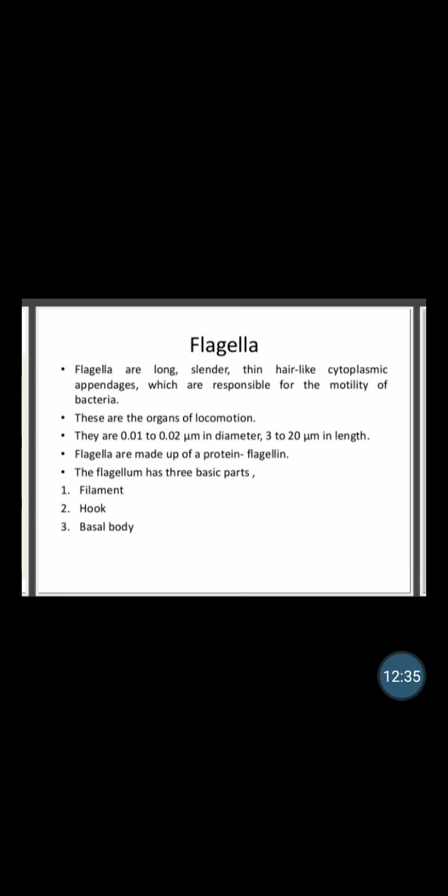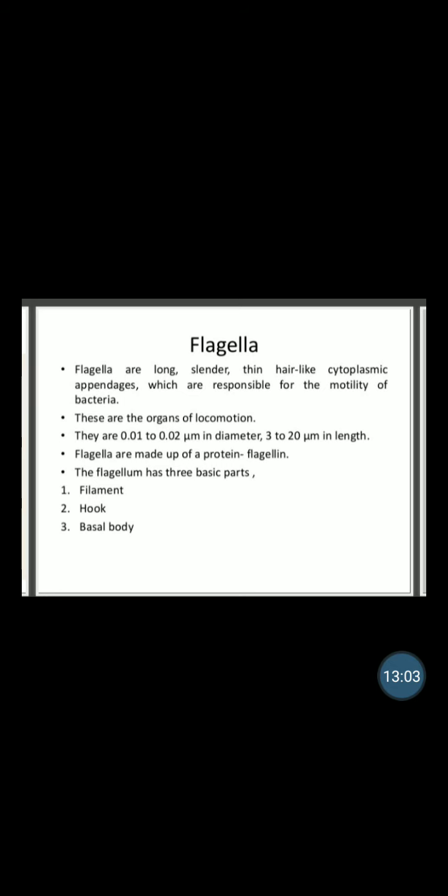Flagella are long, slender, thin hair-like cytoplasmic appendages which are responsible for the motility of bacteria. Keep in mind, the flagellum is the only part responsible for motility of bacteria. It is the organ of locomotion.